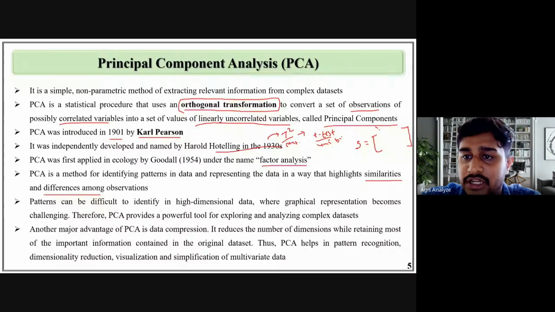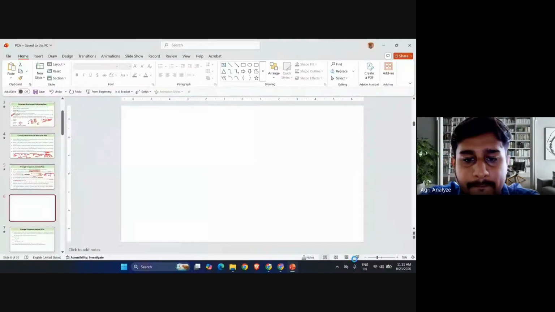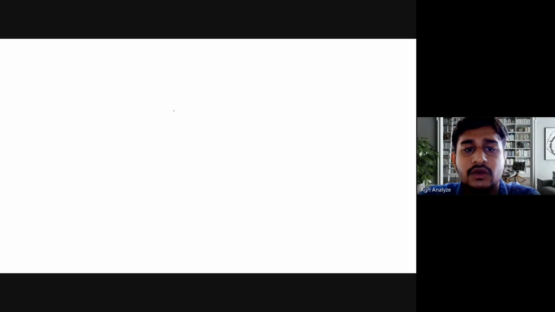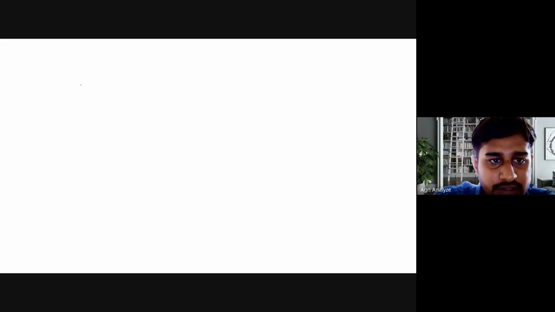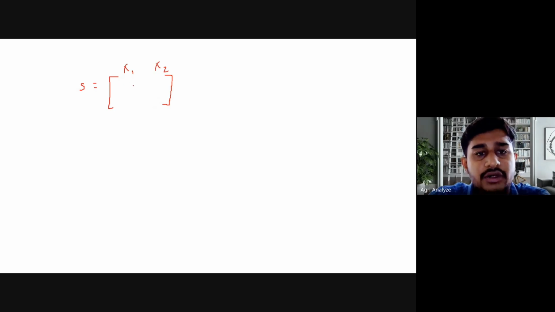If we have two variables x1 and x2, S is equal to this matrix. Here the diagonal elements of this matrix show the variance of each variable: the first diagonal element is the variance of x1, and this diagonal element shows the variance of x2.